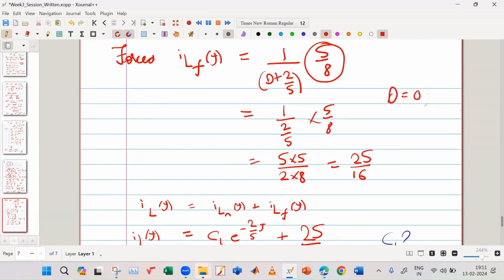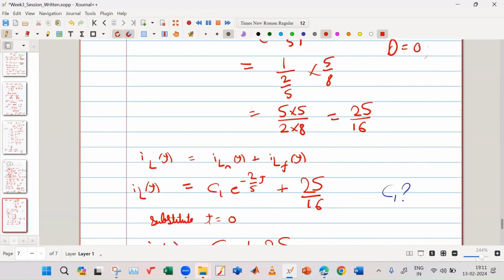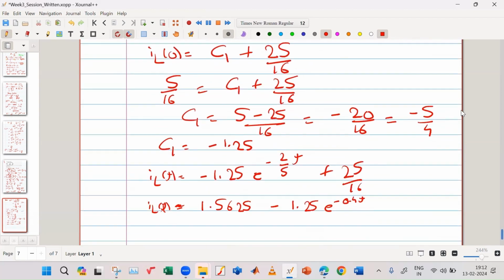Because it was a constant here, I could put d equal to 0, so I didn't have to do much integration. This is my forced response, this is my inductor current. Still, I don't know what C1 is, so I had to use the initial condition, and then I got the final equation.